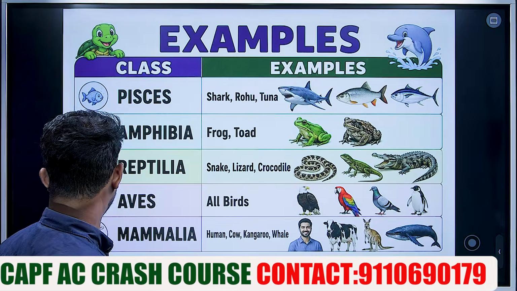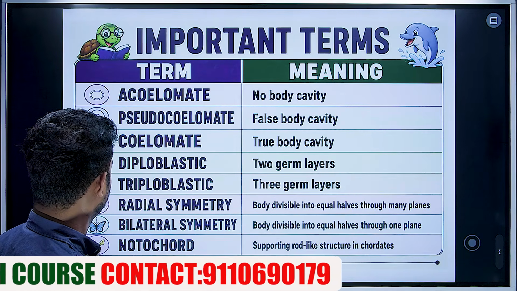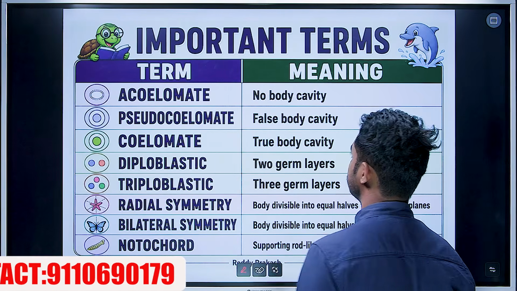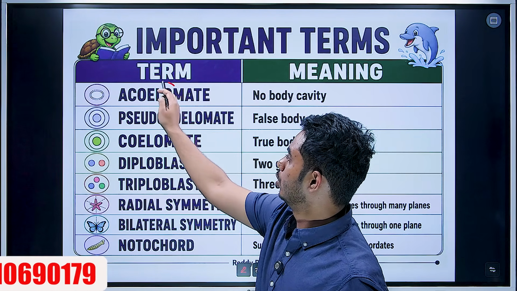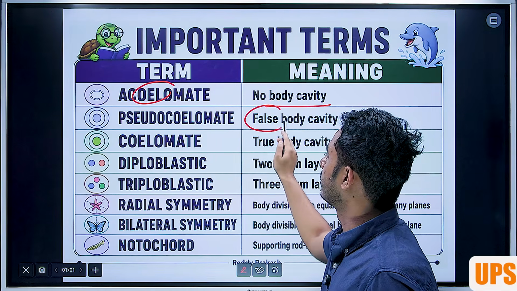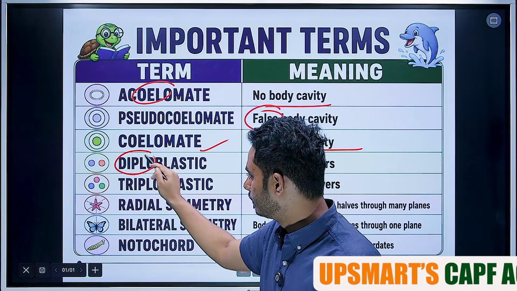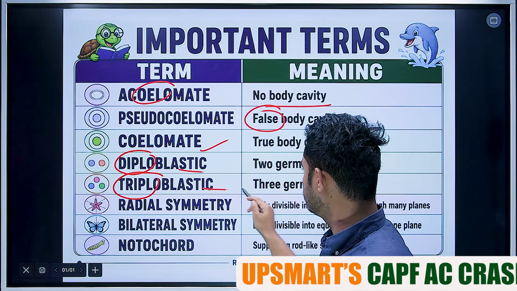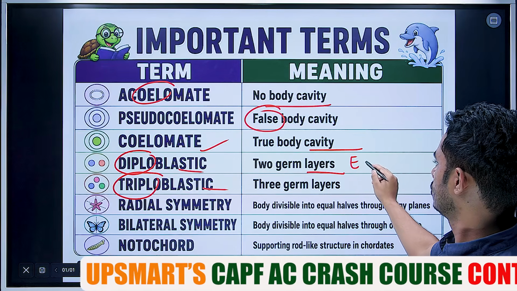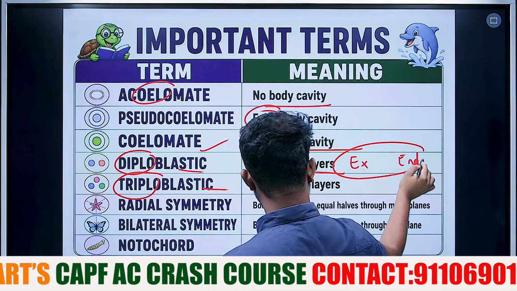Next, the terms and meanings, which is easy, which we already discussed. Just a meaning of the terms. Coelo means cavity. Acoelo means no body cavity. Pseudo means false body cavity. Coelomate means true cavity. Diplo, triplo, blastic means germ layers. If they have only ecto and endo, then it is called diploblastic.